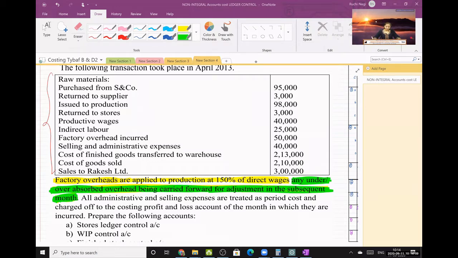Okay, absorption amount will be transferred to another ledger account. Anyone? Parth is saying it will be carried forward to the trial balance. Okay. Anyone? Any other answer? Any other thought process for this sentence?